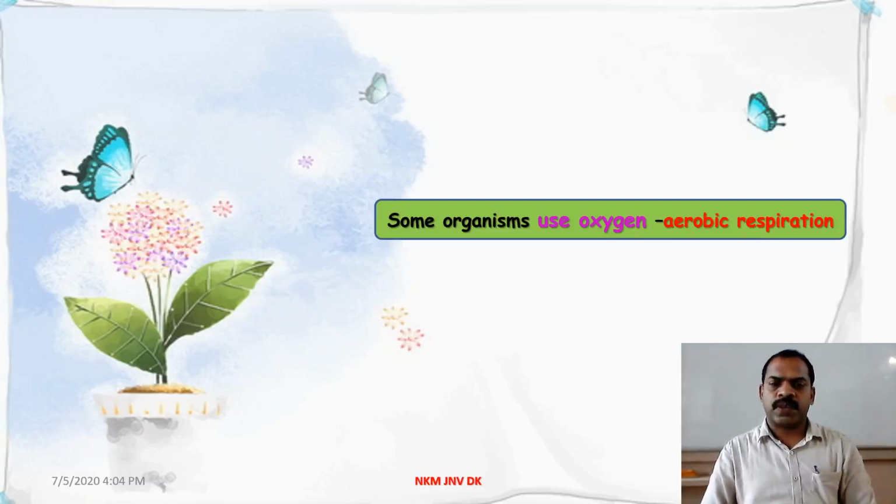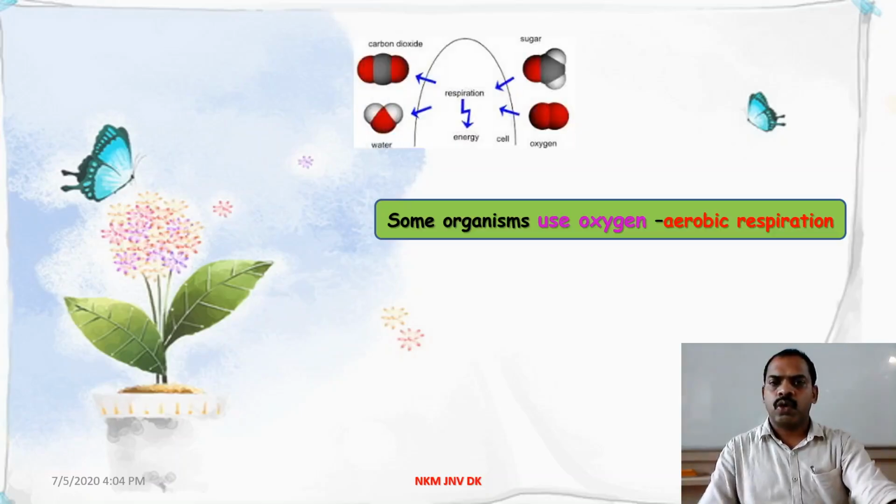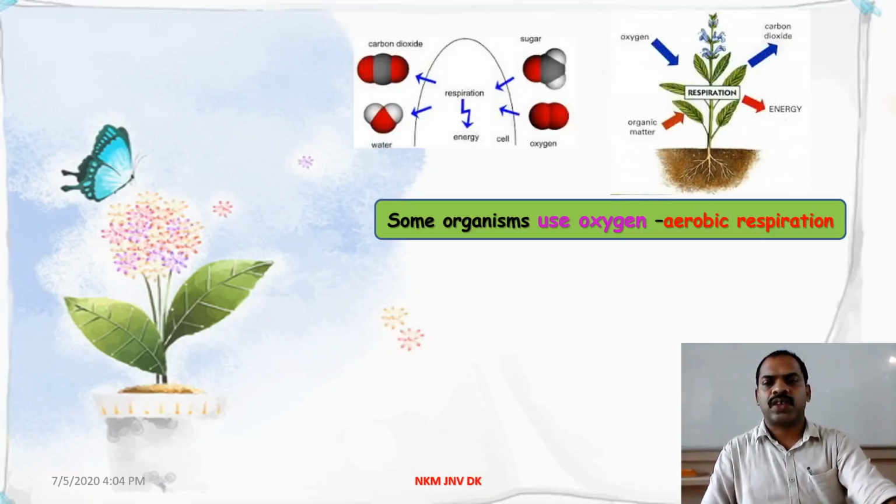Some organisms use oxygen to break down the substrate to release energy, and that is called aerobic respiration. Such organisms are called aerobic organisms. But some other organisms do not use oxygen.